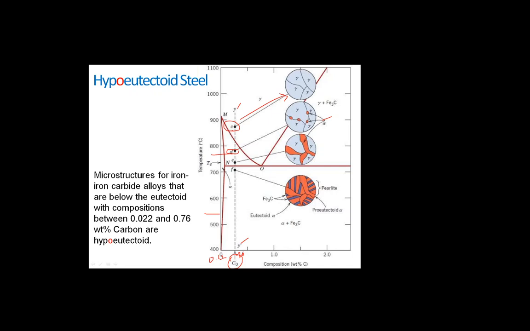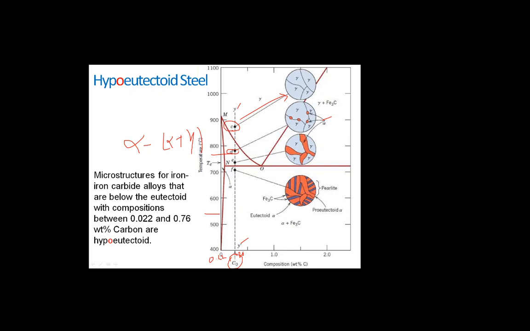While cooling an alloy through the alpha plus gamma phase region, the composition of the ferrite phase changes with temperature, along the alpha to alpha plus gamma phase boundary line.